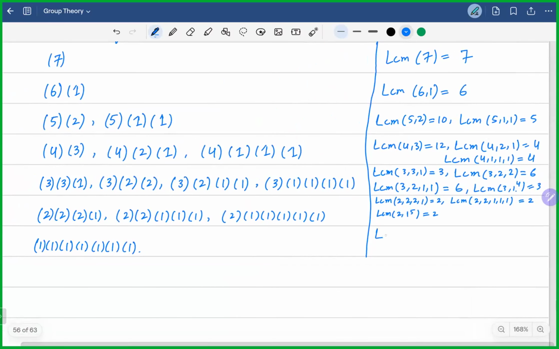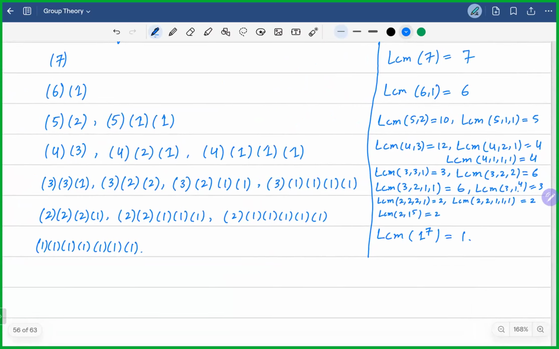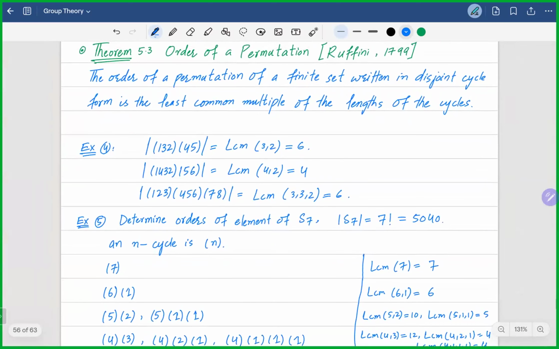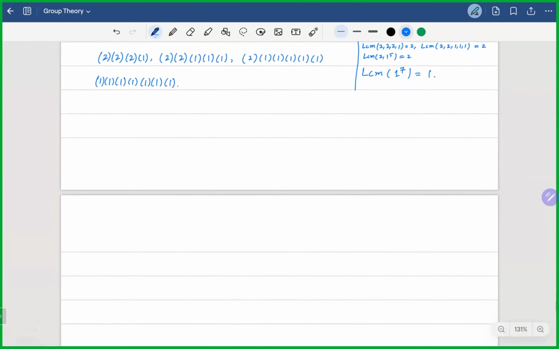And then LCM of 1 repeated 7 times is 1. Doing the same for the 10 factorial elements would be nearly as simple. Look at the importance of the result we have just presented here. The order of a permutation is nothing but the least common multiple of the lengths of the cycles. Perfect.